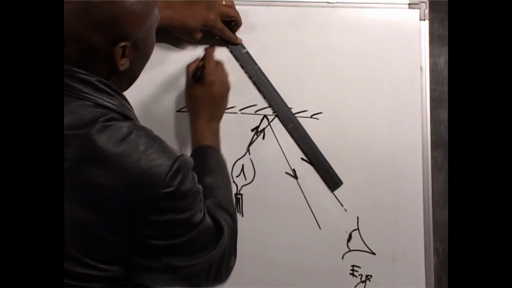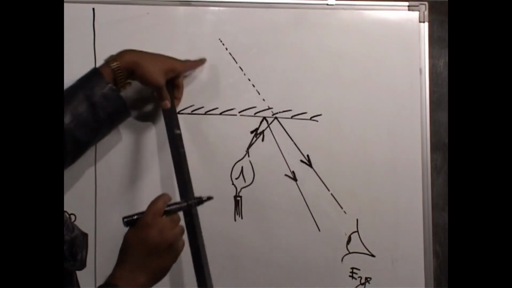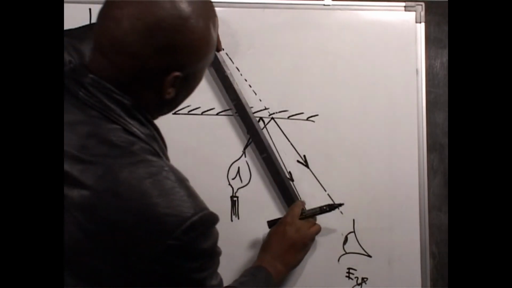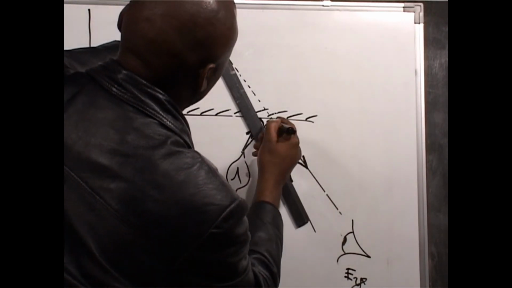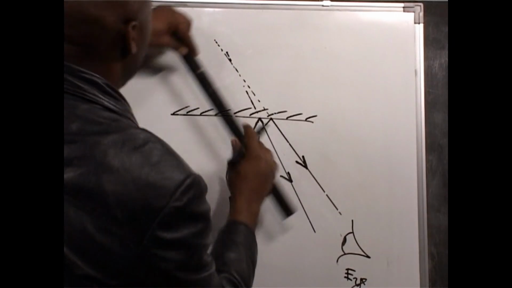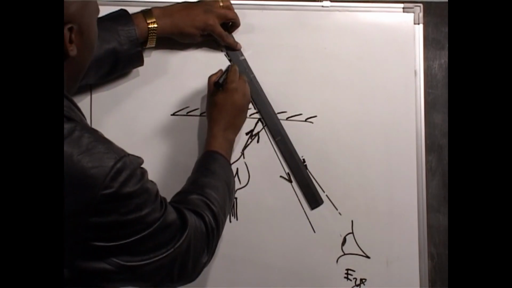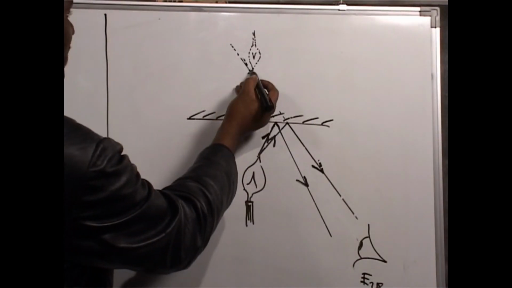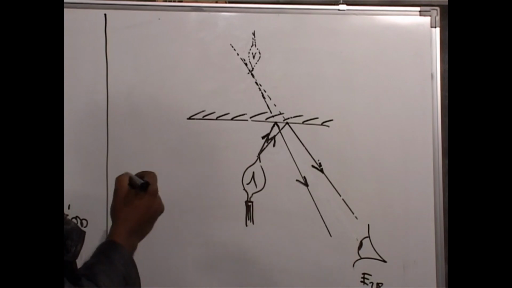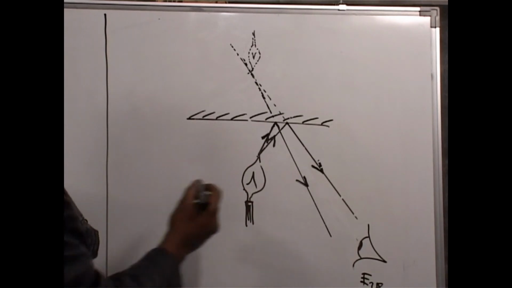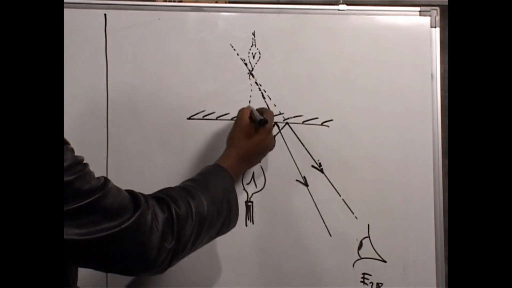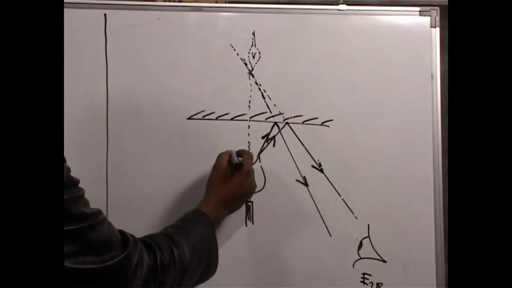We extend these rays beyond the mirror. But remember, these are not actual rays, so we don't use straight lines, but we use dotted lines, to show that light is not actually passing through that path. This is where the image of the candle will be formed or will be seen by your eye. So you would have completed the diagram. Remember, this distance here should be equal to that distance there.